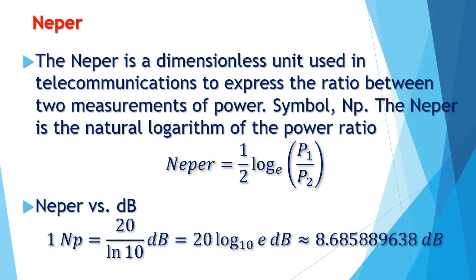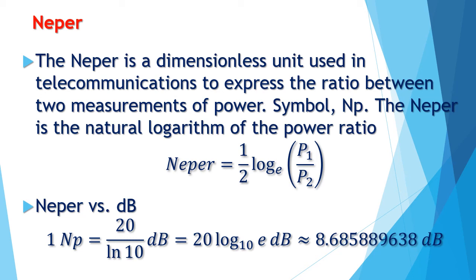Now you've seen this unit, Neper, the unit for alpha. What is Neper exactly? The Neper is a dimensionless unit used in telecommunications to express the ratio between two measurements of power. Its symbol is NP. The Neper is the natural logarithm of the power ratio.